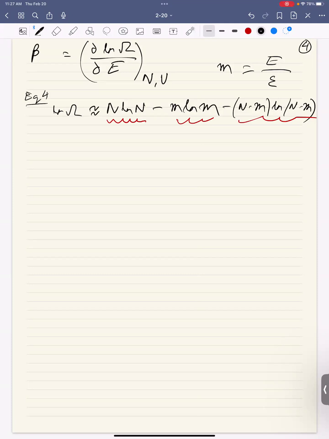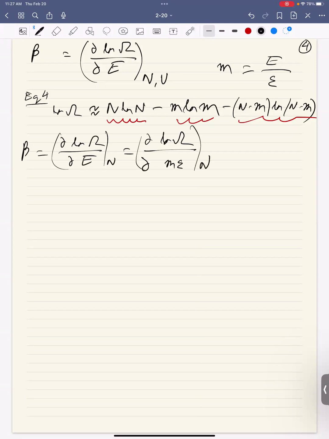So what we will do is to write down beta is equal to partial ln omega by partial E at constant n. So that becomes partial ln omega by partial m epsilon at constant n, right? Because energy is equal to m epsilon.